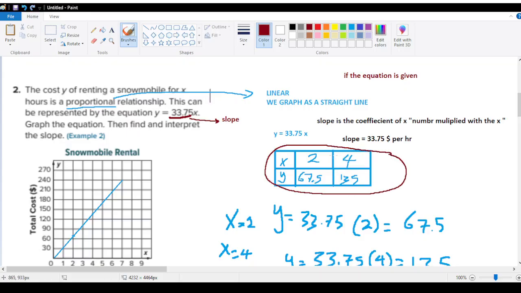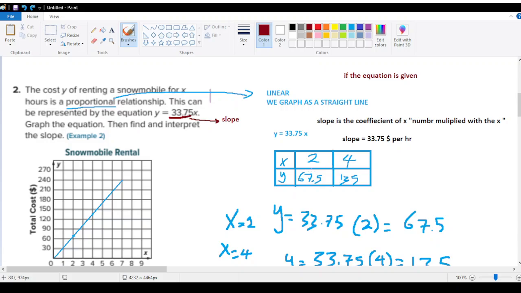Are you good with that? Okay. So we graph it using the table. Now, in order to find the slope, just take the number and that's it. Question: why did we choose 4 instead of 2? No, we have not chosen 4 instead of 2.